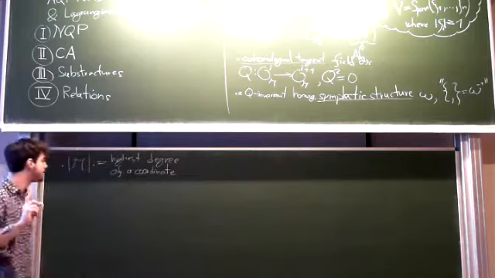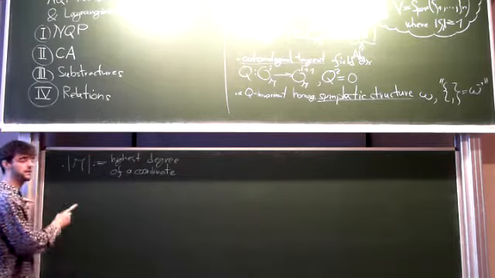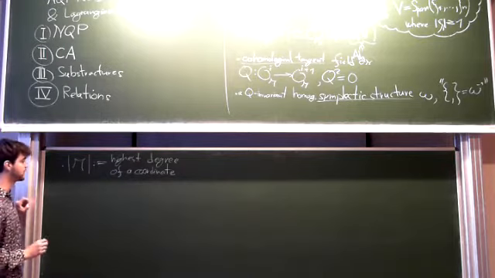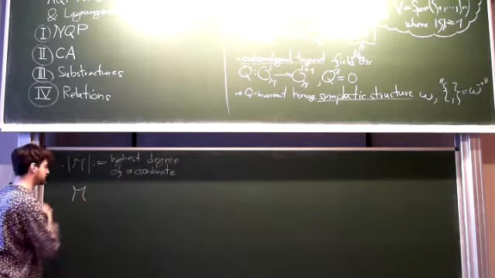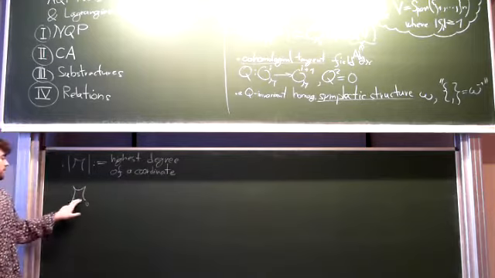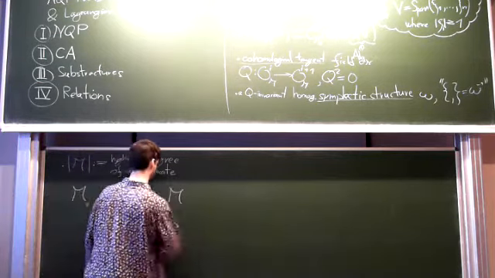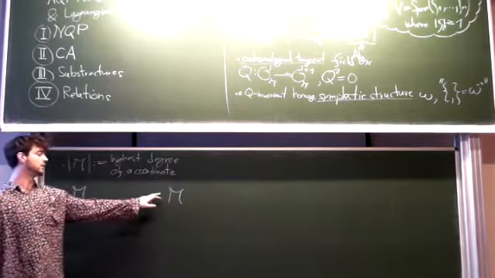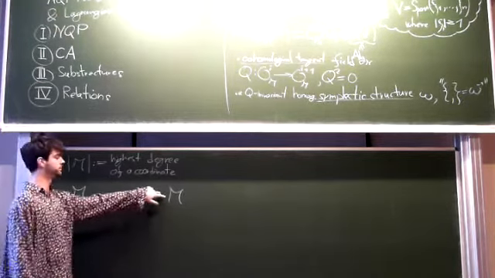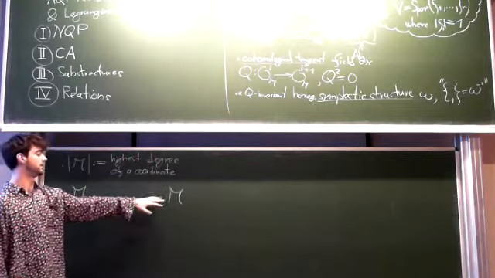Okay, now I'm going to draw this picture. Given an NQP manifold or just an N manifold, we have this kind of sequence. Here we have the base manifold, here's the whole graded manifold, and from here we can forget about all the functions or the sections of the structure sheaf with the highest degree.